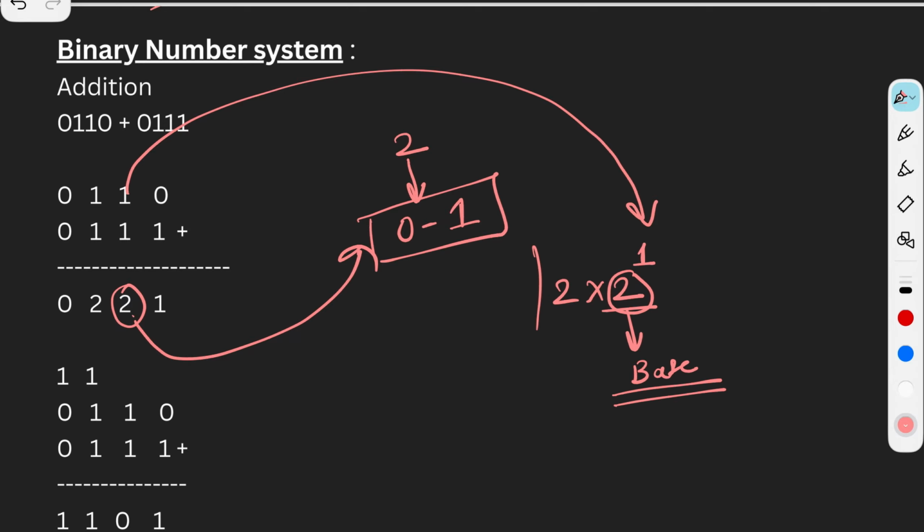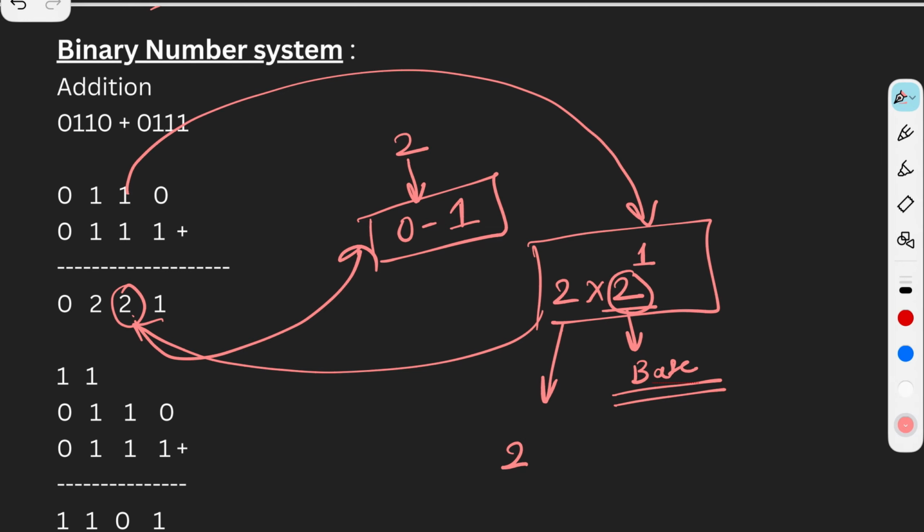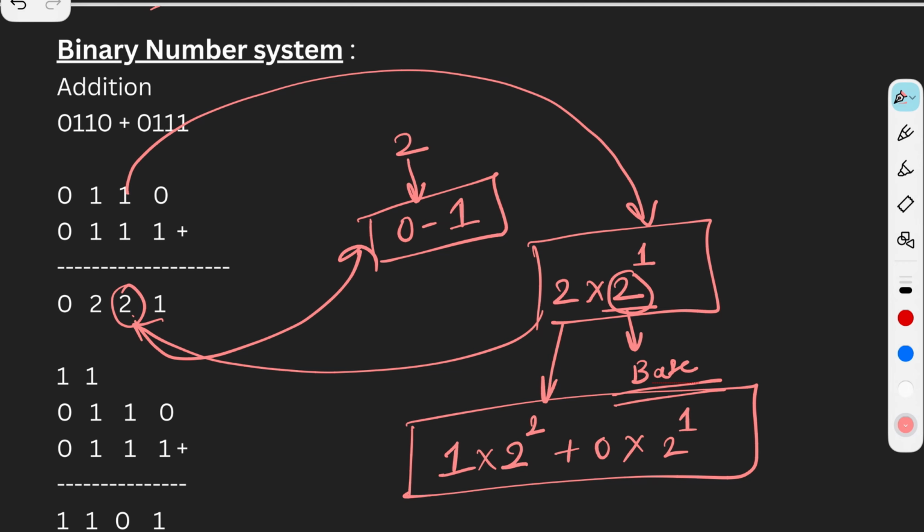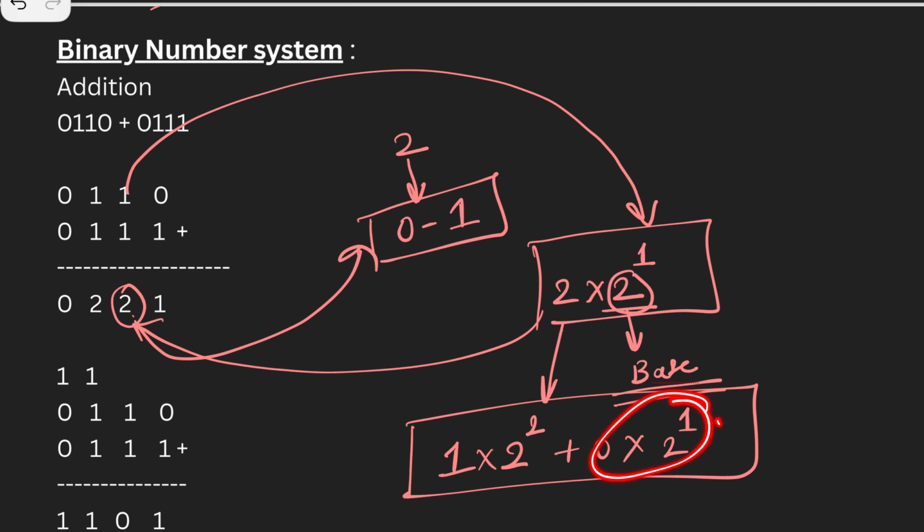So rather than writing something like this at this particular place, we can multiply this and write 2 to the power 2 into 1 plus 0 into 2 to the power 1. We can write it like this. Makes sense, right? This 0 into 2 to the power 1 is just going to be 0.